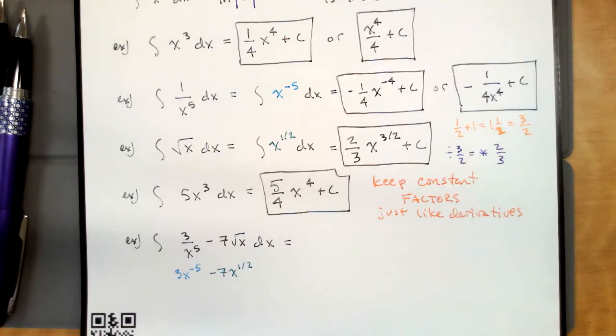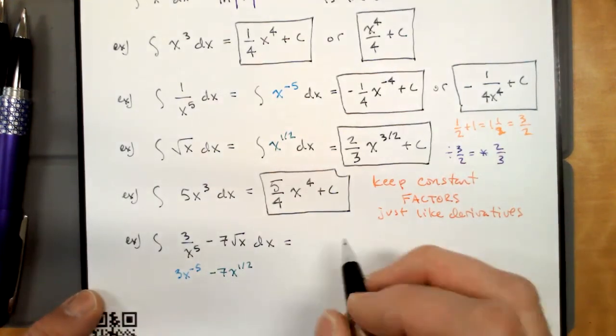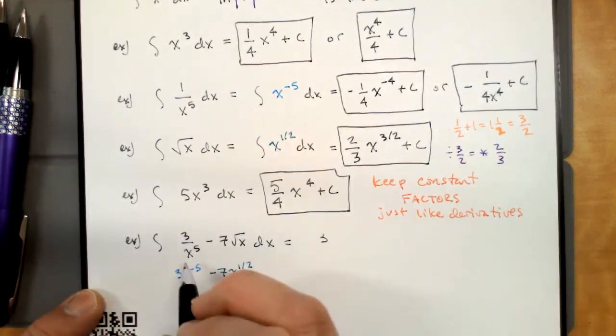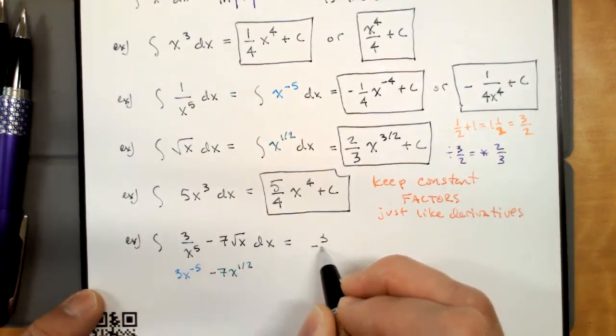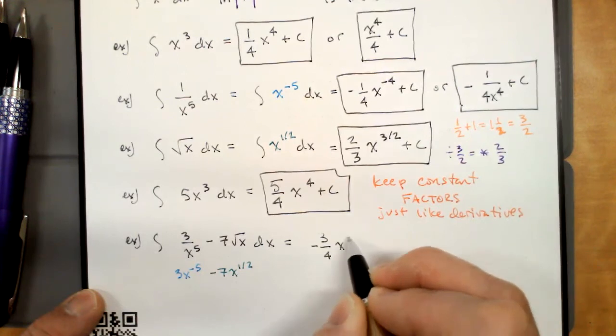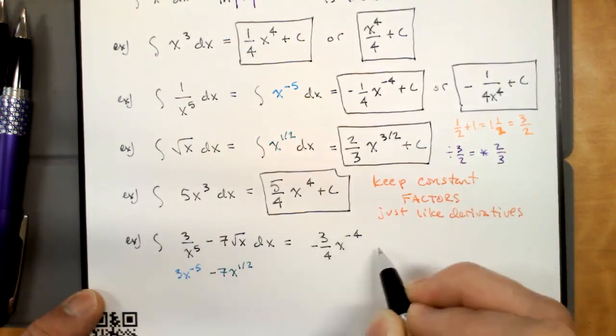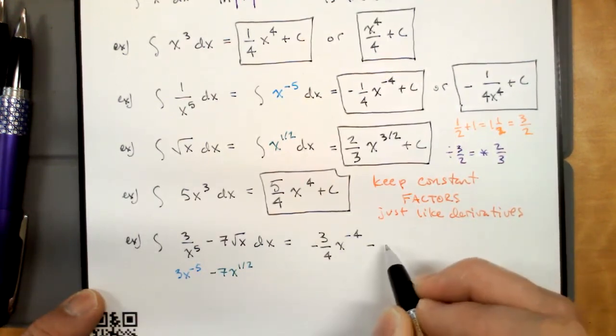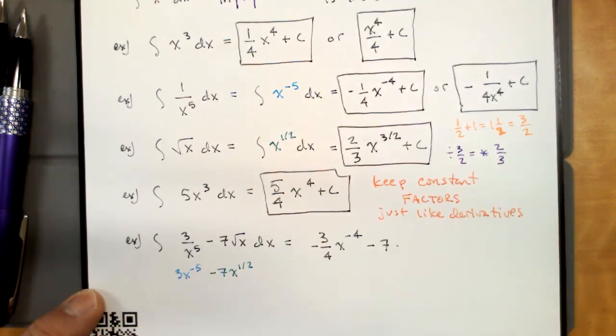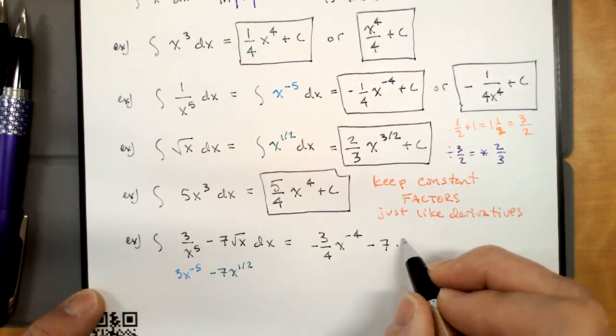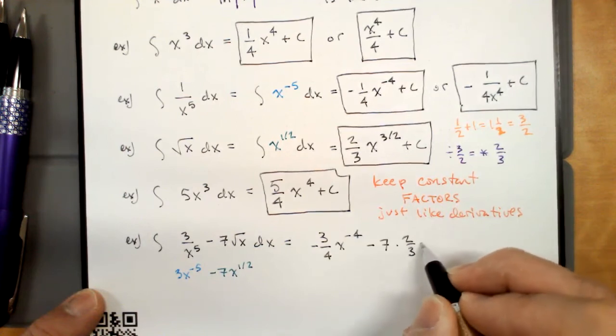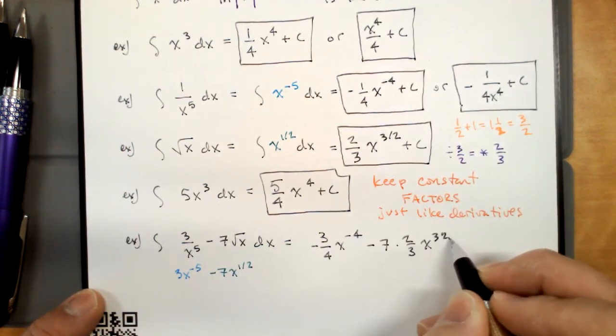But then we just follow the same rules we had before. I keep the constant factor of 3. The integral of x to the negative 5 is negative 1/4 x to the negative 4. I keep my constant factor of negative 7. And the integral of x to the 1/2 is still 2/3 x to the 3/2.